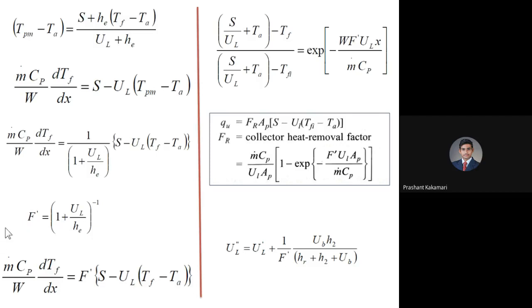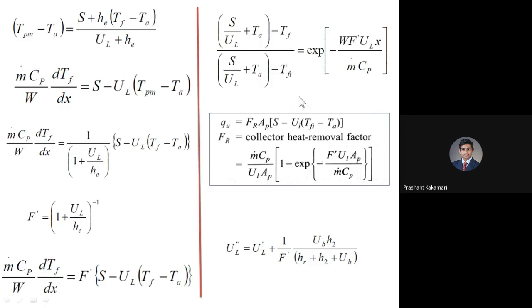Now whatever the left hand side terms are, this is the useful heat gain by the liquid itself, mCp dt per unit area. Or I can take mCp delta T as the useful heat gain, F dash into area into S minus UL, TF minus TA, will be the useful heat gain equation using this F dash or using the fluid mean temperature. So this we have seen already in the liquid flat plate collector.